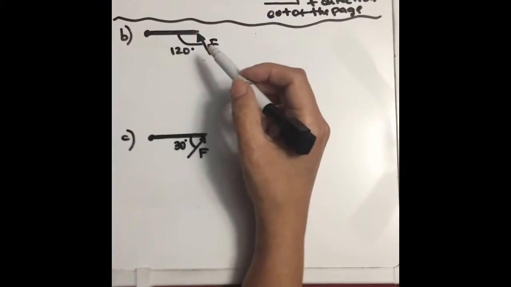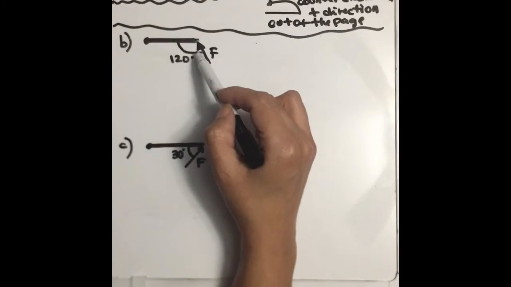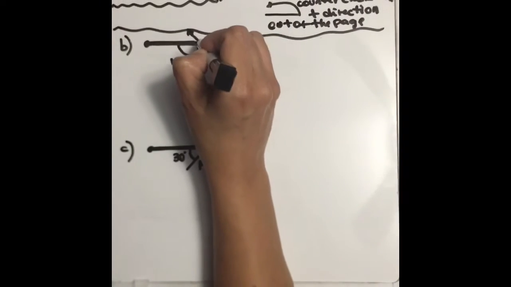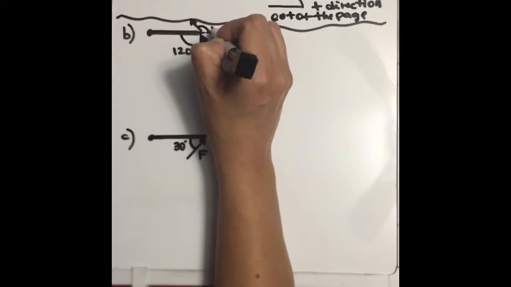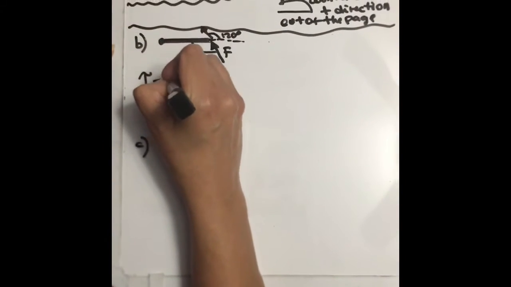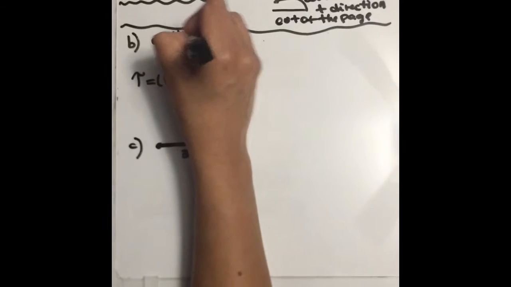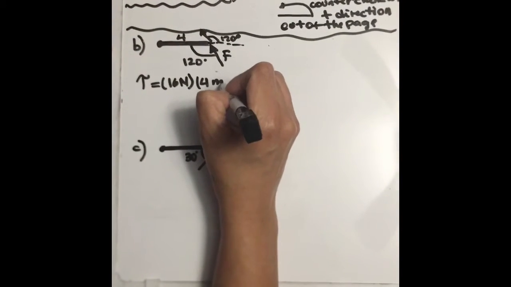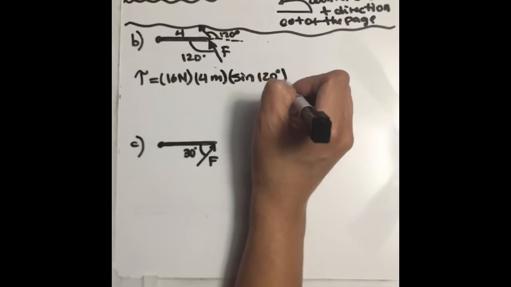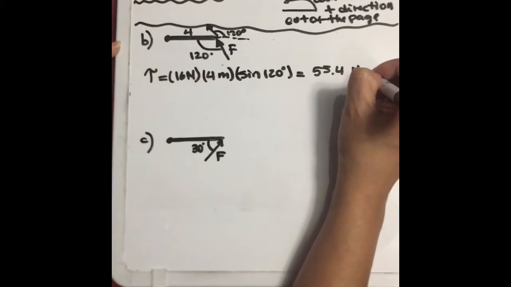Part B is pretty similar. We have the hinge, the door, and the force at 120 degrees. So we translate the force over here, and this is the horizontal line with the x-axis, which is this 120 degrees. And we find torque again. Torque is equal to 16 newtons times the distance, which is 4 meters, times sine of 120 degrees, and this is equal to 55.4 newton-meters.